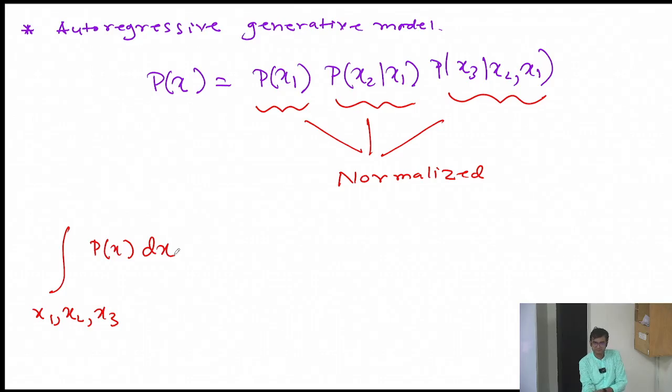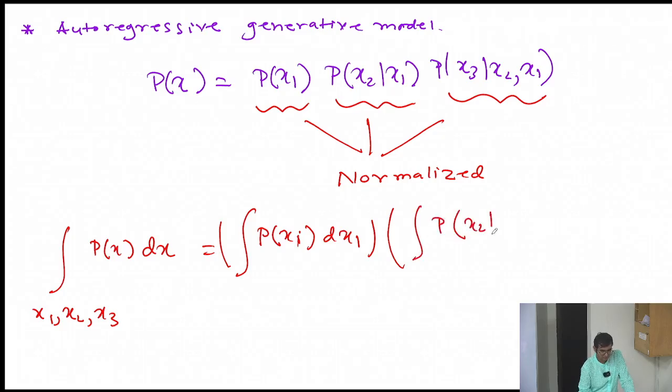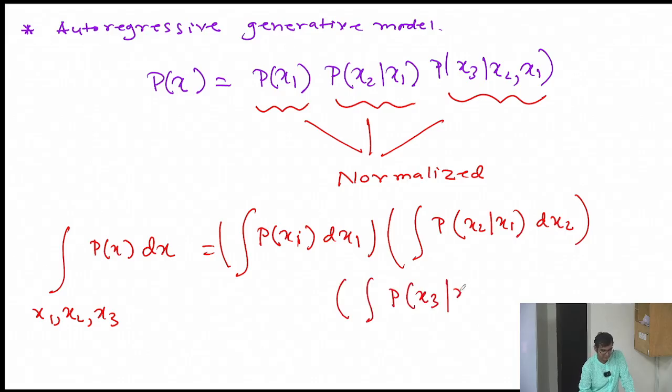That is equal to the integration of p(x1) dx1, times the integration of p(x2 given x1) dx2, times the integration of p(x3 given x1 comma x2) dx3.